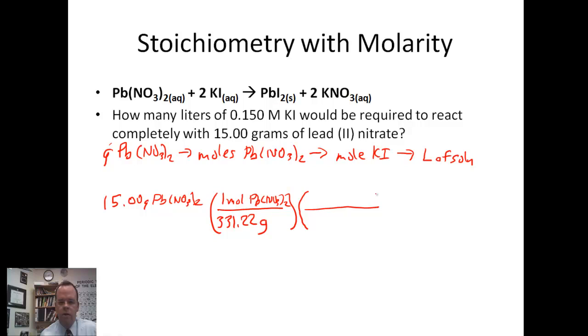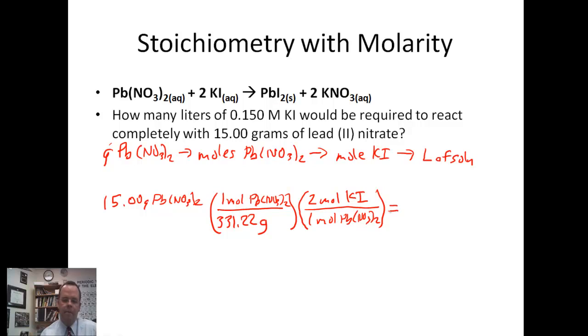Now, from moles, I can go mole to mole. This uses the balanced equation, so 1 mole Pb(NO3)2, and we're looking for KI, so 2 moles KI.